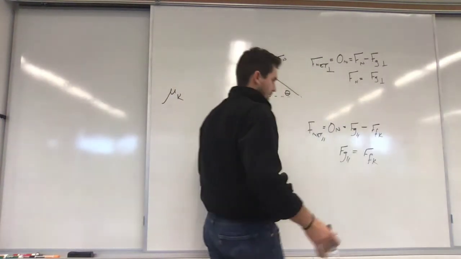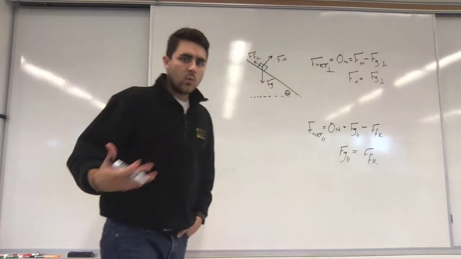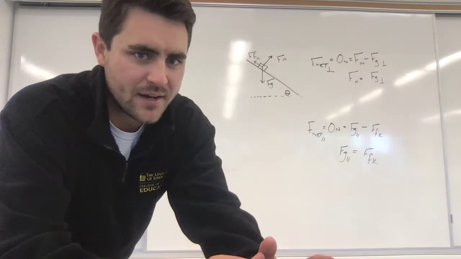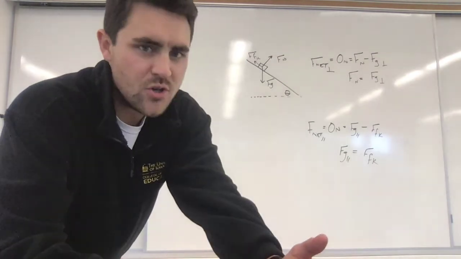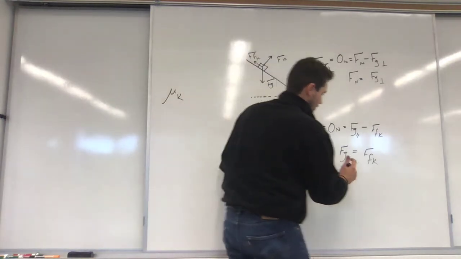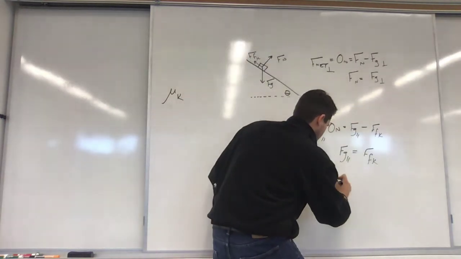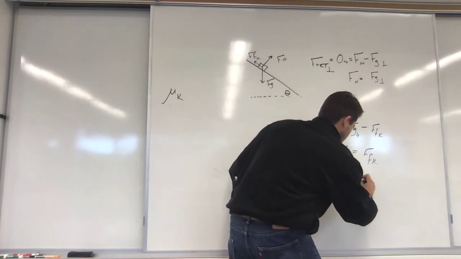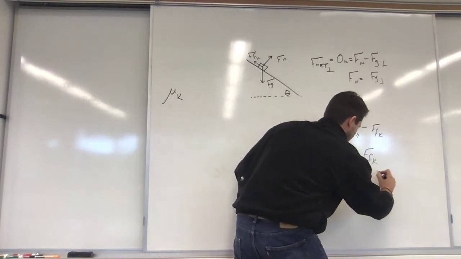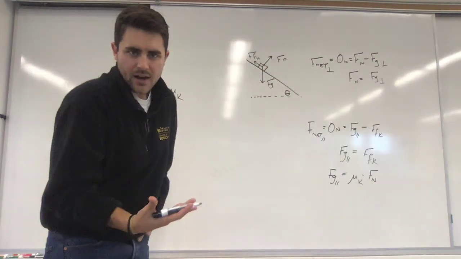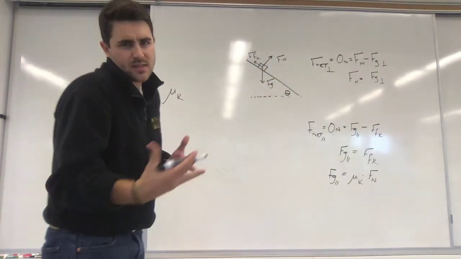I need to find mu. Which of these forces is mu secretly hiding behind? Mu is the coefficient of friction. Mu is hiding behind force of friction. Let's rewrite this. Fg parallel is actually equal to mu k times the normal force. That's where it was hiding. I just expanded it. I substituted it in.